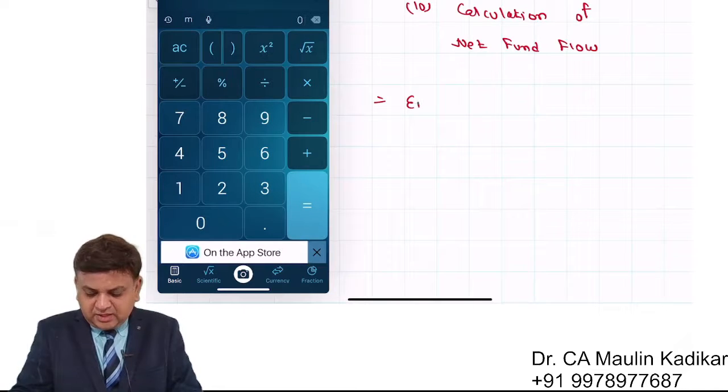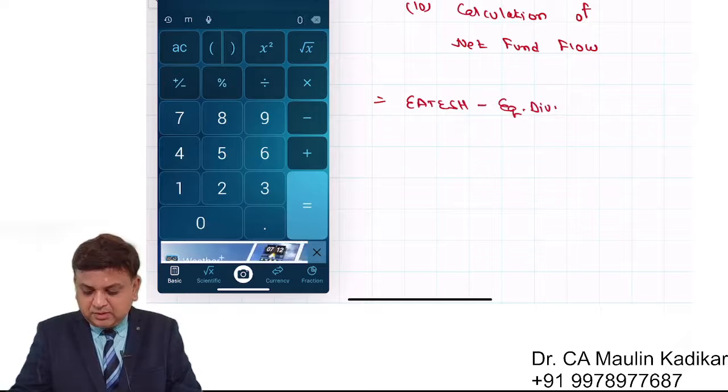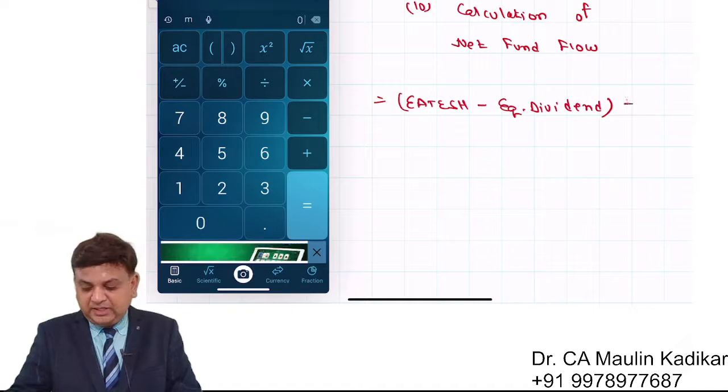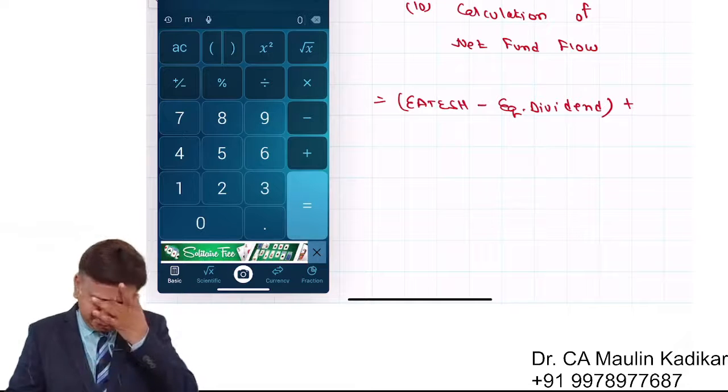It is earning available to equity shareholders minus equity dividend. So this is technically called retained earning. Retained earning plus we add depreciation to it.